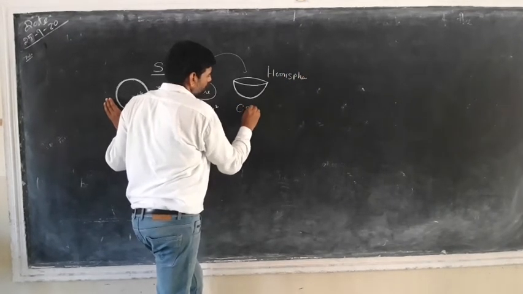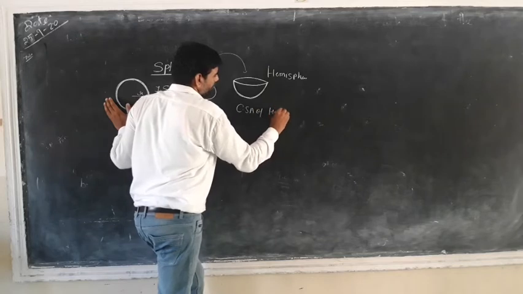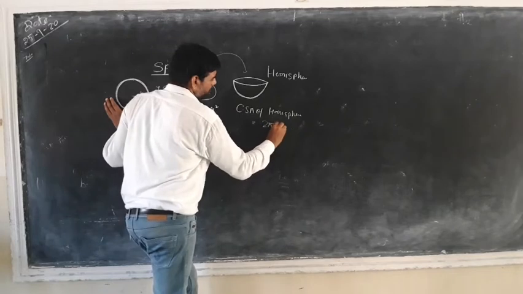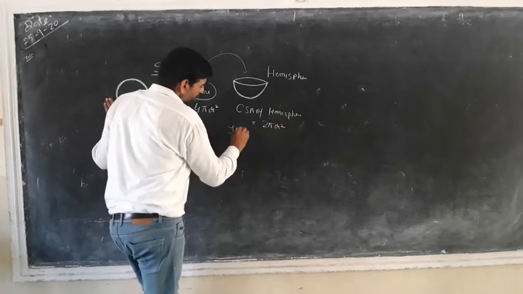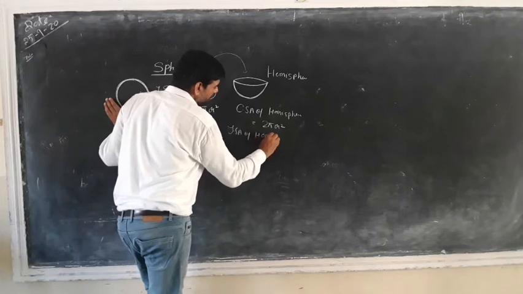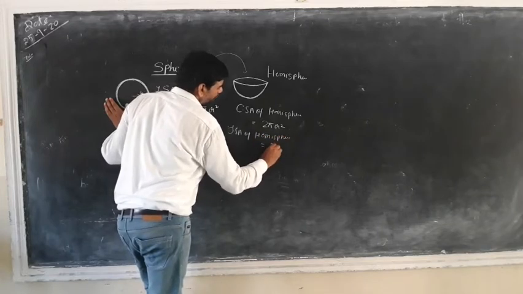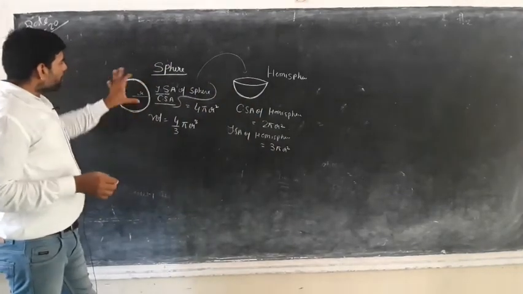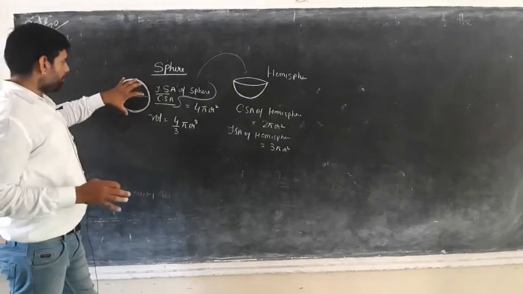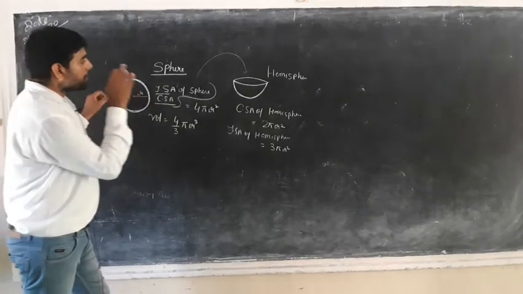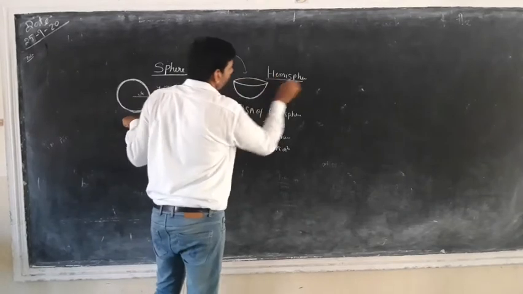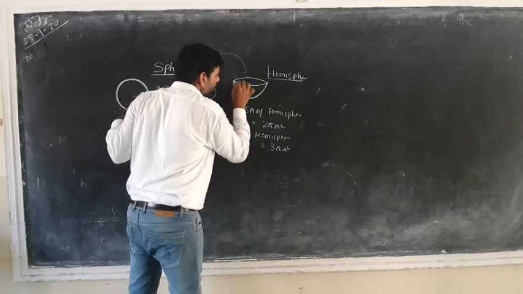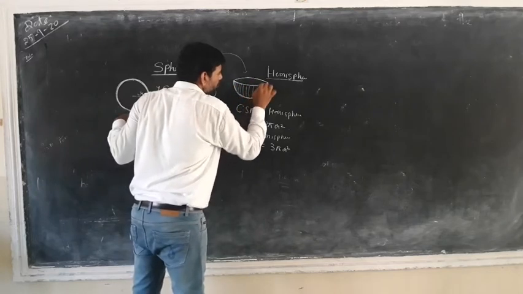So the curved surface area of a hemisphere is half of 4πr², which is 2πr². But the total surface area of a hemisphere is 3πr². In a sphere all of the part is blocked, but in the hemisphere the upper part is open, so the curved surface area is only for this part, which is 2πr².